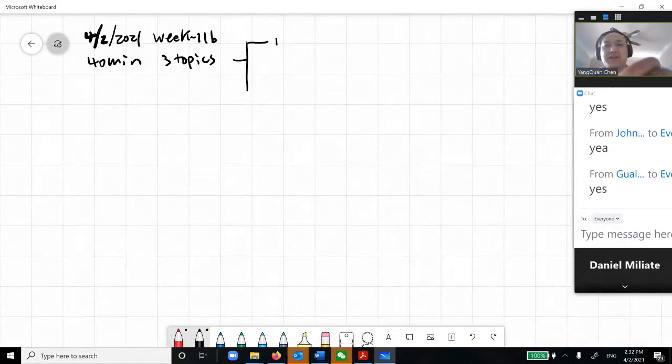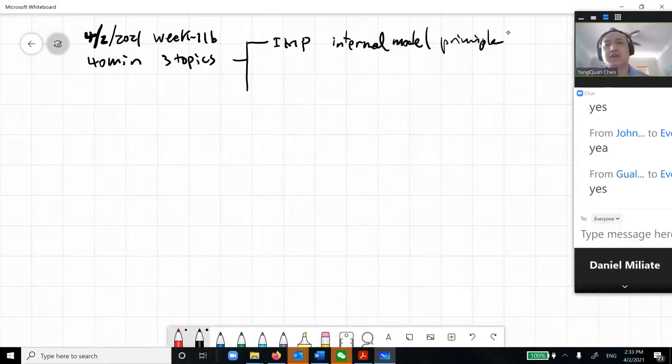The first topic is regarding internal model principle, IMP. Okay, the second topic we're going to do today is regarding Youla parameterization.